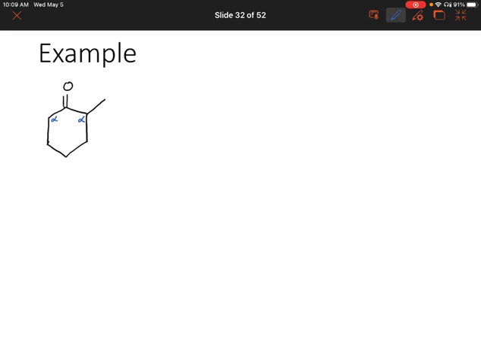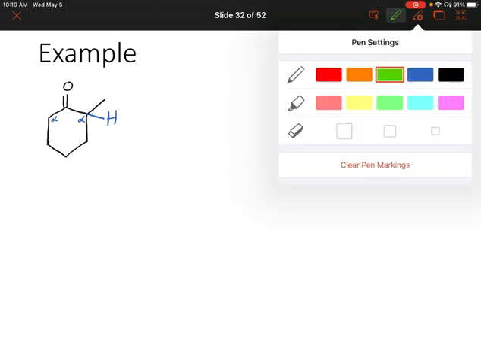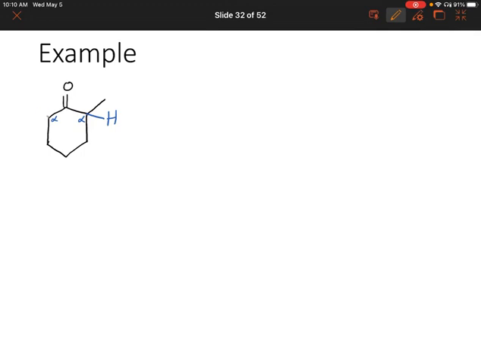So let's go through the possibilities. So on the right-hand side, I will draw a blue alpha proton. On the left-hand side, actually I'll do orange. On the left-hand side, we'll have orange alpha protons, and let's see what happens depending on which proton we take.